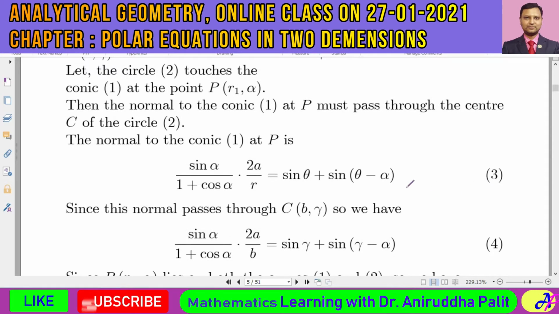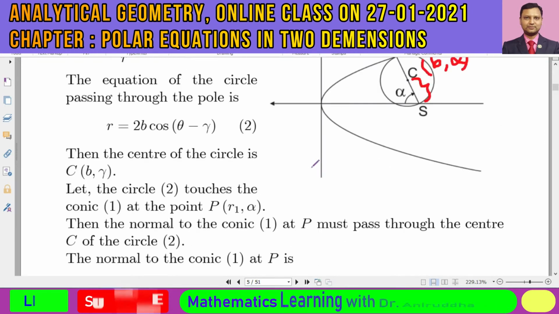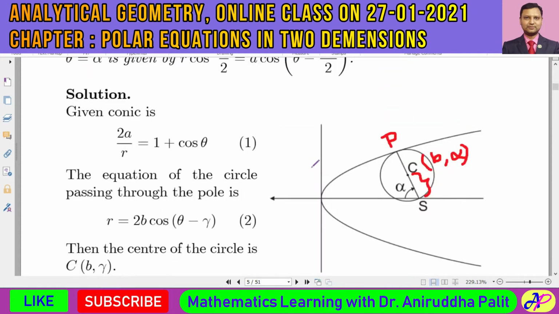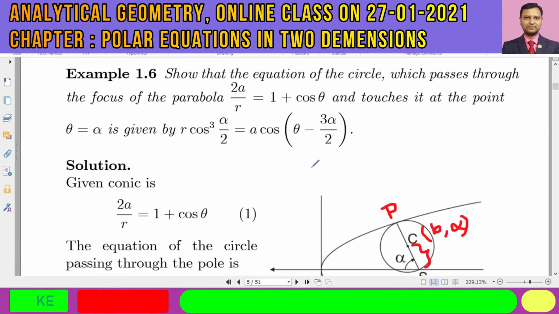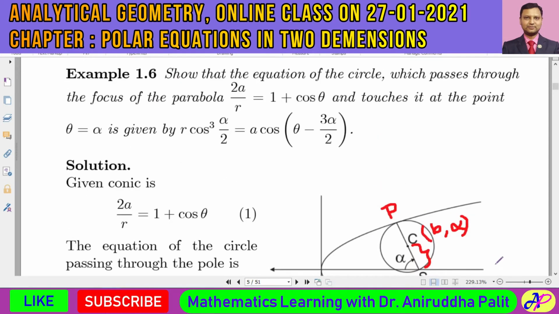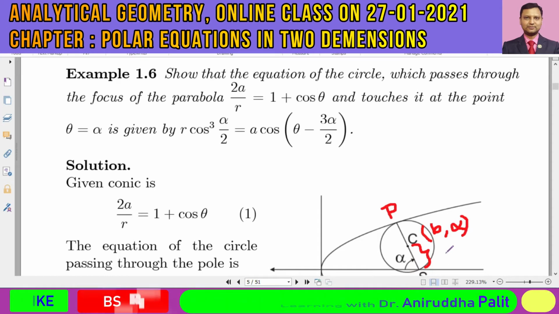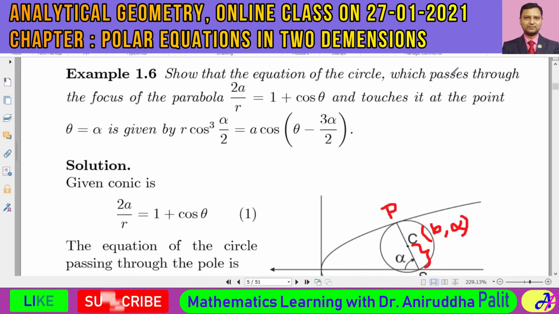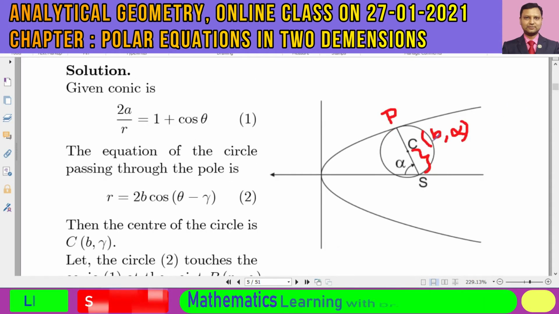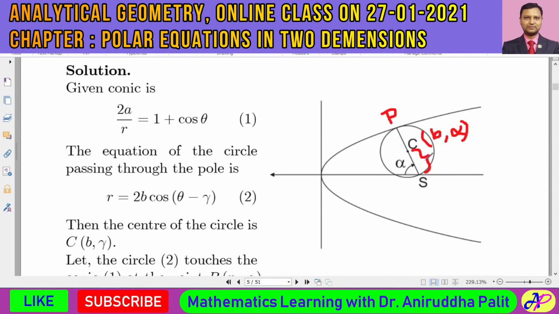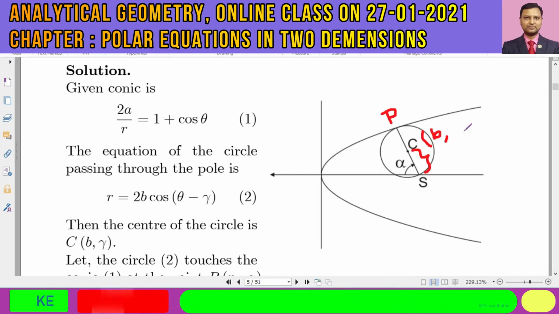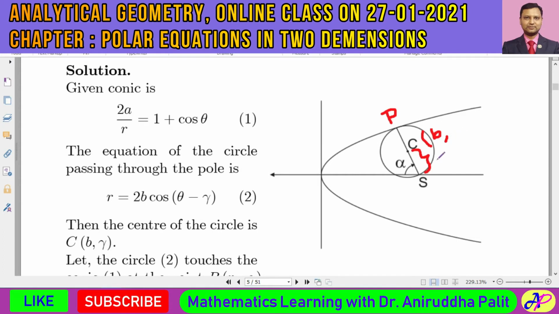Now you see, just a minute. Yes, B comma alpha. Okay. Now it says that the equation of the circle passes through the focus of the parabola and touches it at the point. And you see over here, this angle alpha is for this curve, but it may be a different kind of curve.